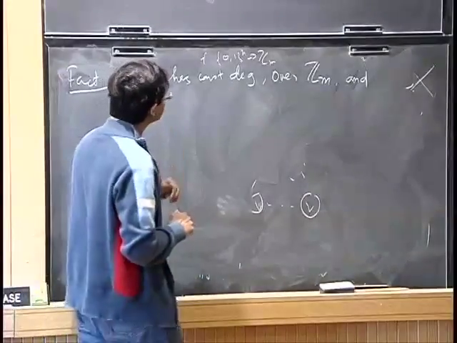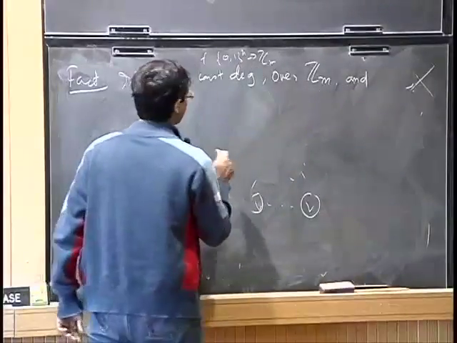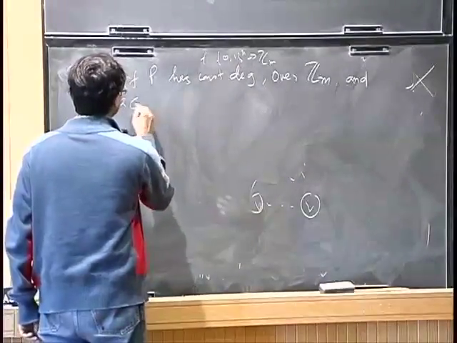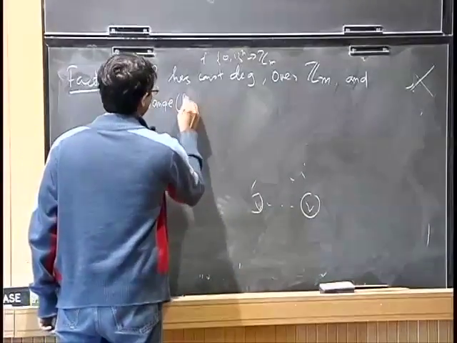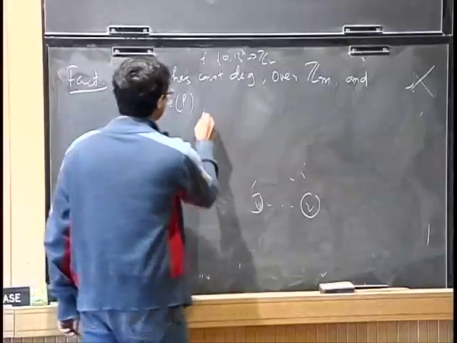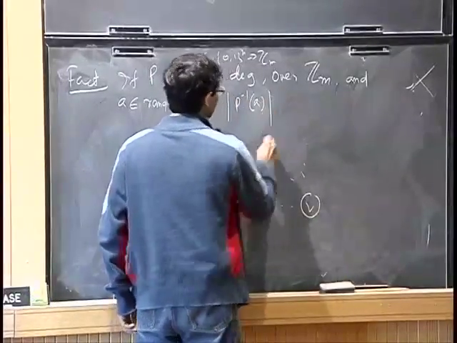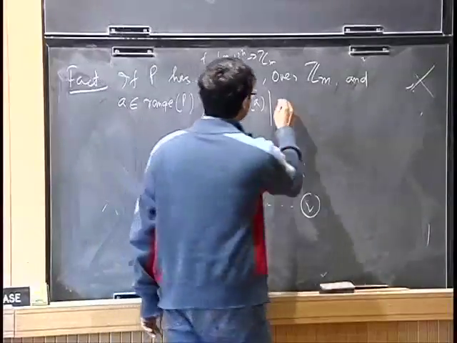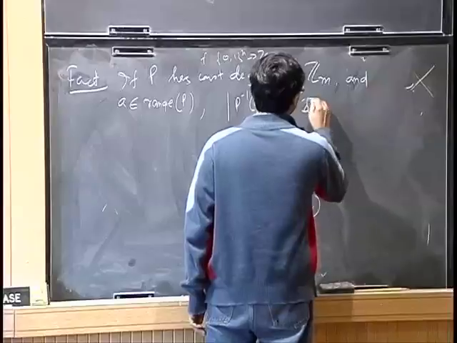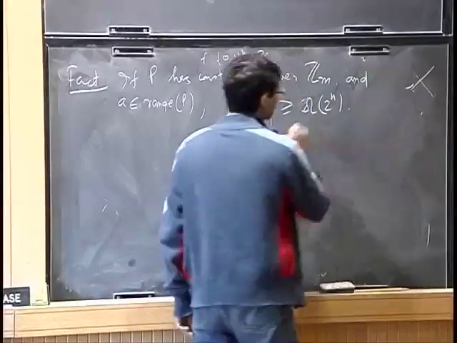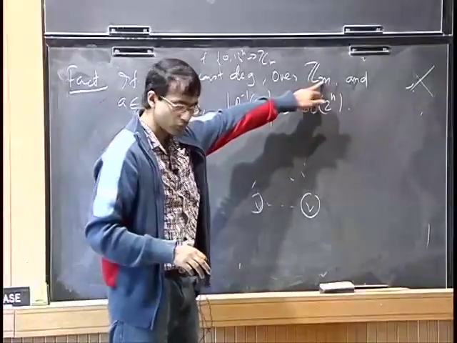So if P has constant degree over Zm, and A is in the range of P, then the size of P inverse of A in the cube is Omega(2^n). So that's known even for non-primes.